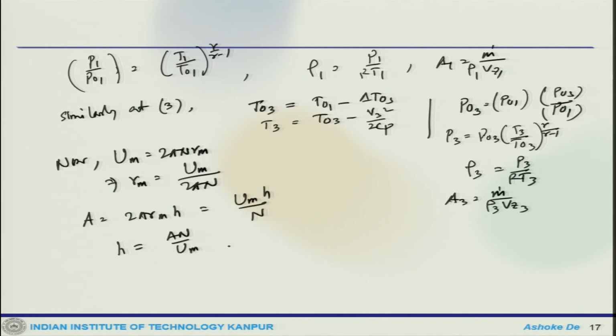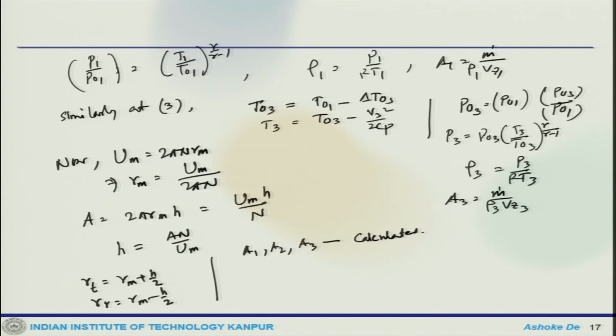So, the tip radius is Rm plus h by 2, and the root radius is Rm minus h by 2. Now, all of A1, A2, A3 are calculated.